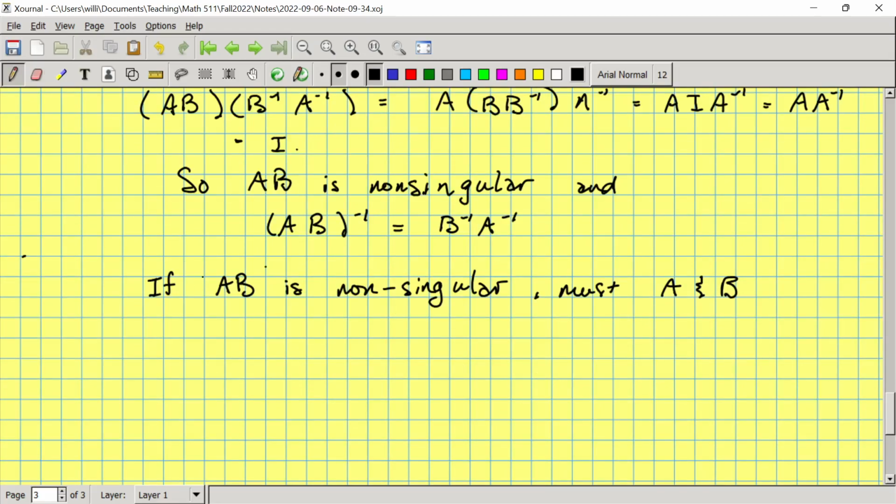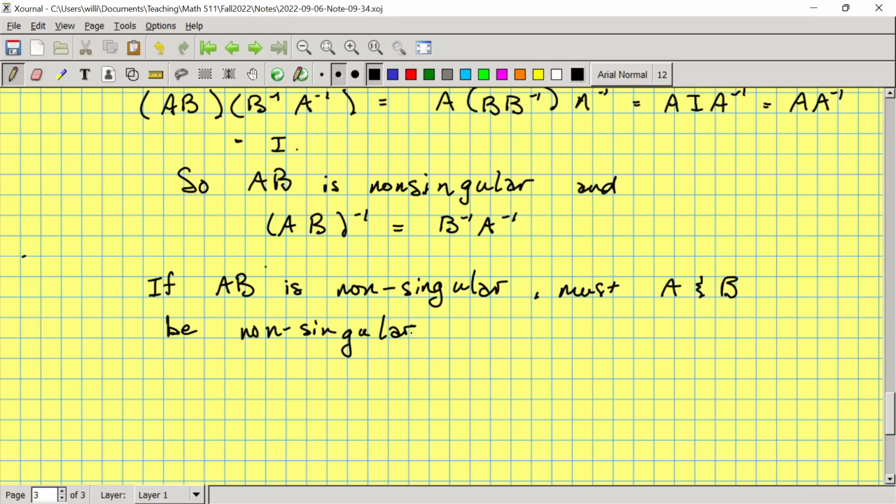If I multiply a 3 by 3 and a 3 by 2, I get a singular matrix at the end. That's right. Just because A times B is non-singular doesn't necessarily mean that both A and B are square. If A times B is non-singular and A and B are both square, that doesn't mean that they're non-singular. You can multiply two singular matrices together and get a non-singular one.